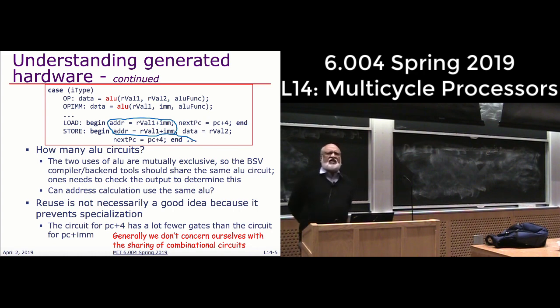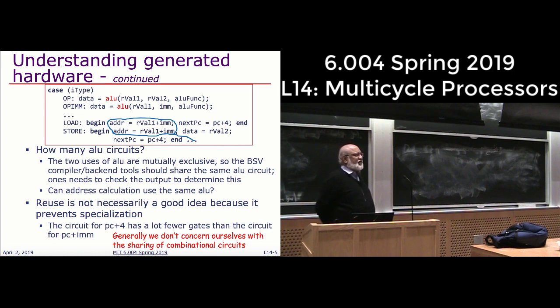So I'm giving you a very confusing message here. I'm saying, yeah, we can share it, the ALU will be shared. Then I'm saying, well, maybe it won't be shared. Maybe I don't want it to be shared. Basically, I'm letting you off the hook. In this class, we generally do not concern ourselves with sharing of combinational circuits because it is so difficult to fight with the tools.